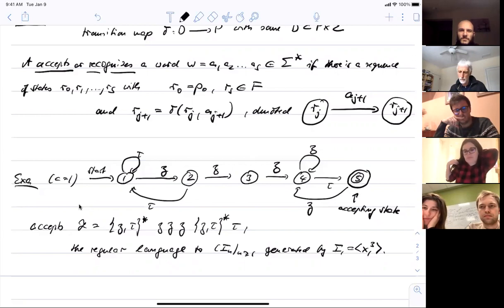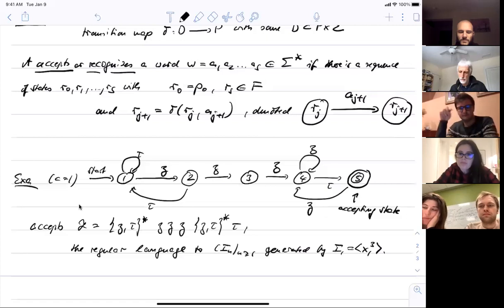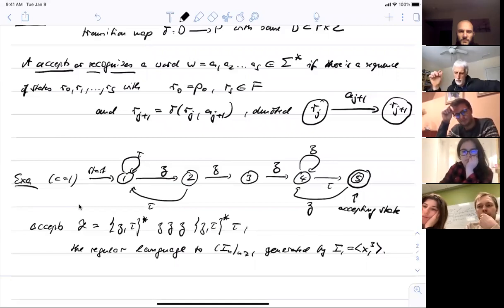But from how you drew the automaton, whenever you've read one tau, you have to read a theta or you are done. And so I don't see how you get sequences of taus there. And the same applies to state 1, but there I don't see how you get sequences just of thetas.